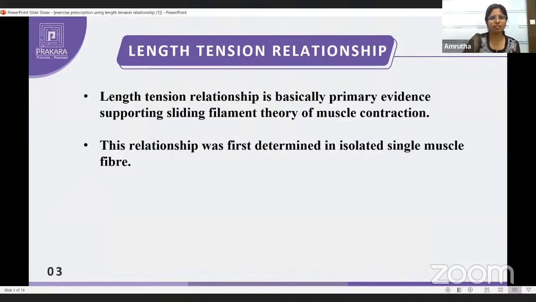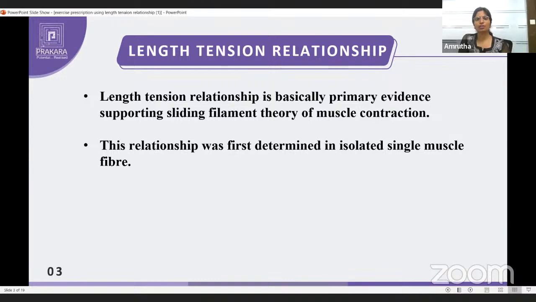In the earlier slide, I mentioned length tension relationship is basically primary evidence of how muscle contraction is happening. As we all know, there are three different muscle contractions: eccentric, concentric, and isometric.